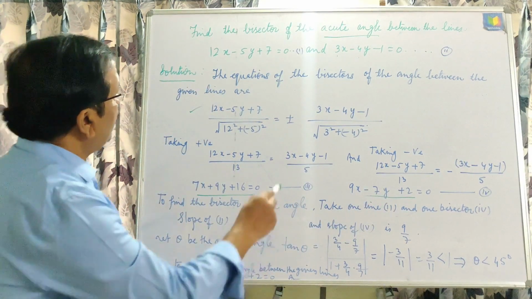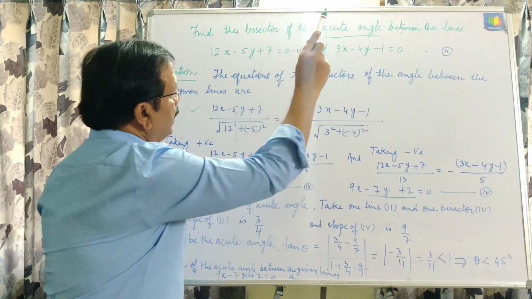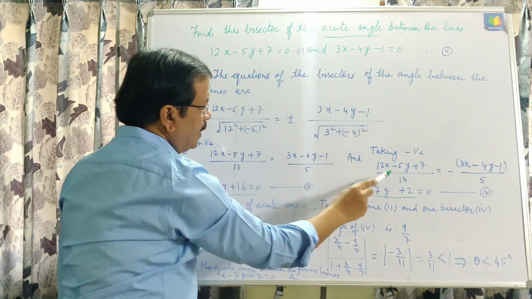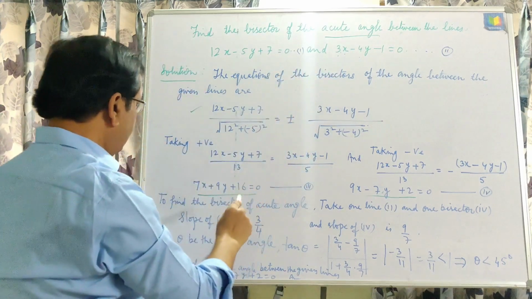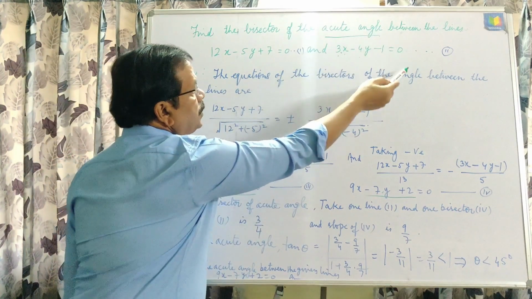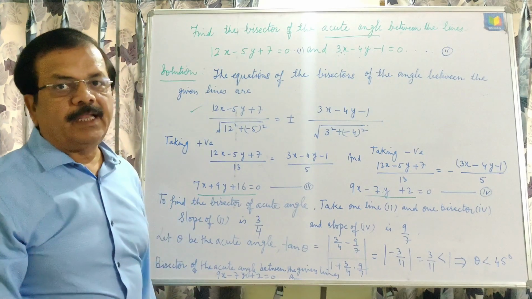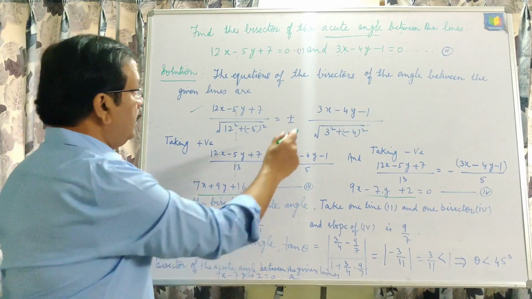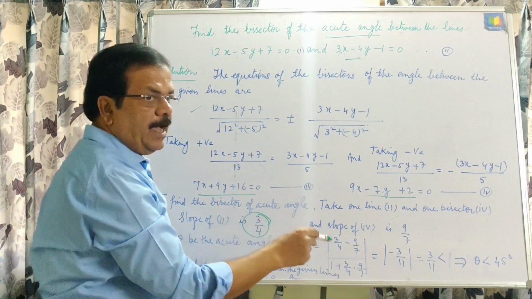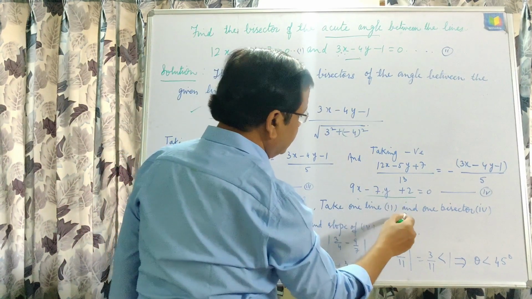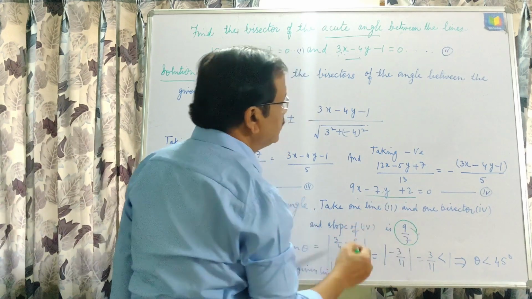Now for finding the acute angle, take one line and one bisector. Then find the slope of this line, transposing to the other side and comparing with y is equal to mx plus c. The slope of this line m1 is coming 3 by 4, and slope of this bisector is coming 9 upon 7.